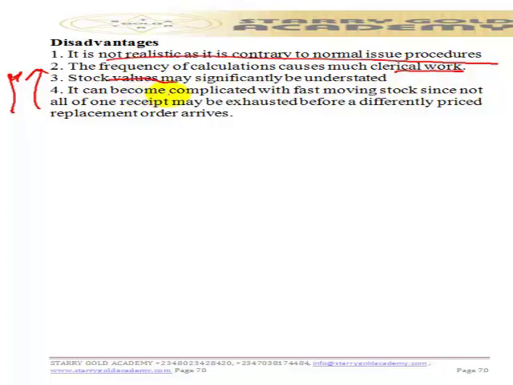Then it can become complicated with fast moving stock, since not all of a receipt may be exhausted before a different priced replacement order arrives. So the last in first out disadvantages are what we have just discussed.